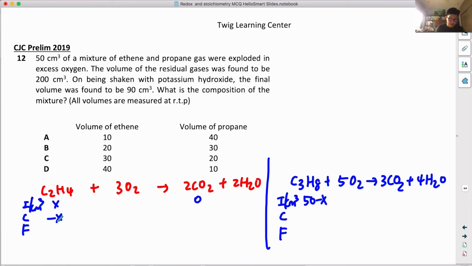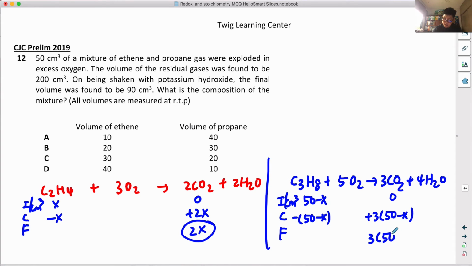This one will be minus x, this will be plus 2x, and this will be 2x. Because oxygen was in excess, this one all gets used up, minus 50 minus x. The volume of carbon dioxide produced will be plus 3 times 50 minus x. Can you see? This is 350 minus x.